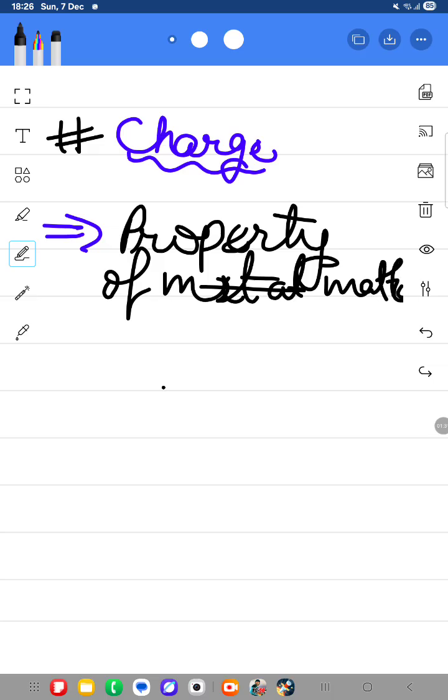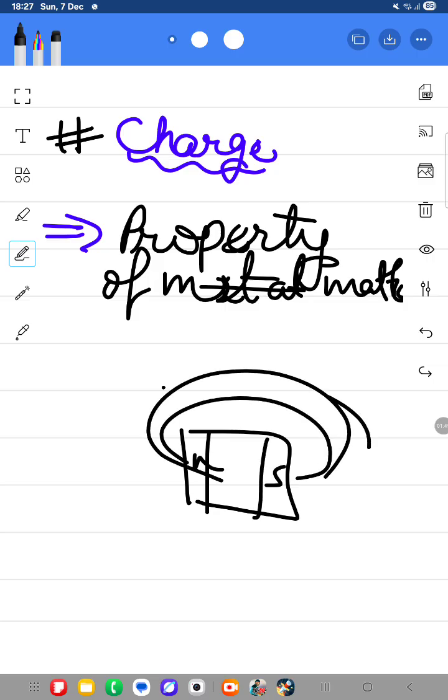Charge is a physical property of a matter which makes it experience a force when it is placed near a magnetic field. For example, here is a magnet.